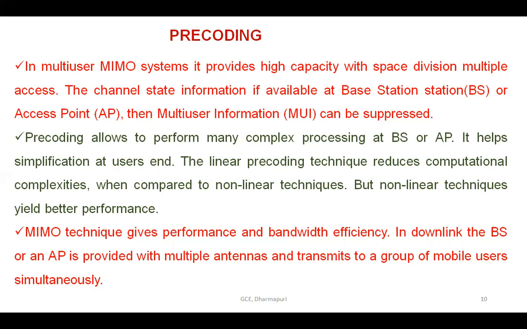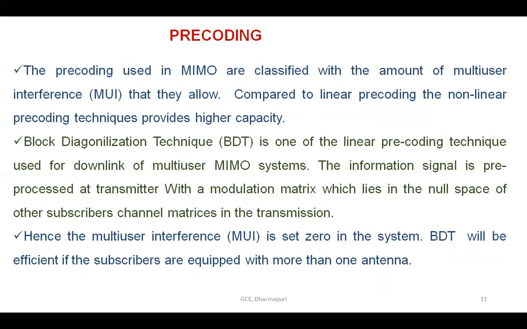In the downlink, the BS or AP is provided with multiple antennas and transmits to a group of mobile users simultaneously. The precoding techniques used in MIMO are classified by the amount of multi-user interference that they allow. Compared to linear precoding, nonlinear precoding techniques provide higher capacity. The first one, block diagonalization technique, BDT, is one of the linear precoding techniques used for downlink multi-user MIMO systems.